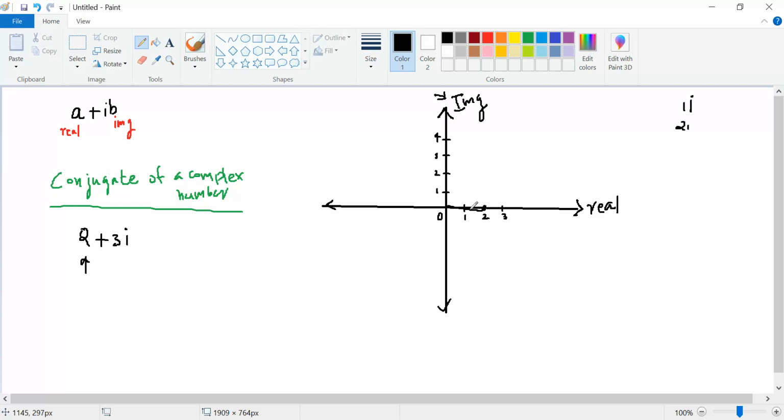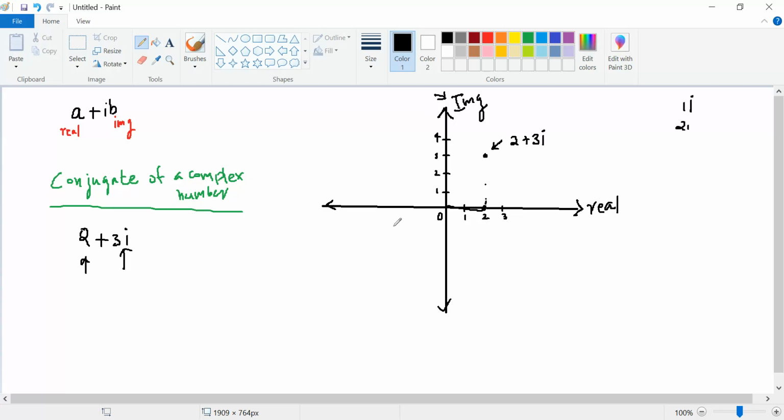And then I have to move 3 units along the imaginary axis, vertically. I have to move vertically 3 units up. അപ്പോൾ ഞാനിങ്ങനെ നേരെ മേലോട്ട് പോയാൽ I reach ഇവിടെ എത്തും. So this point represents the complex number 2 plus 3i.